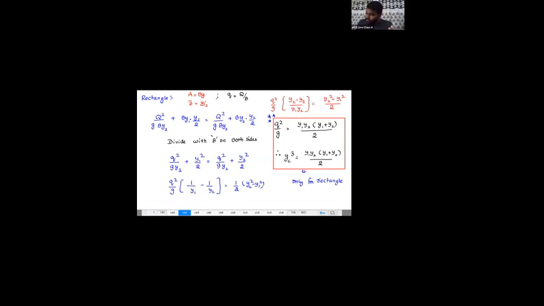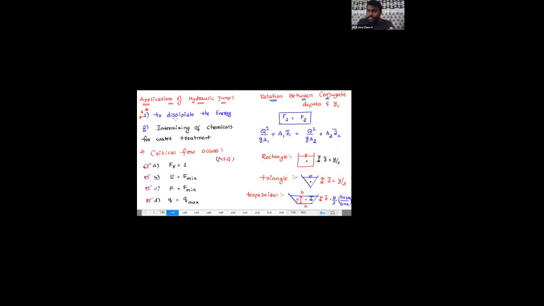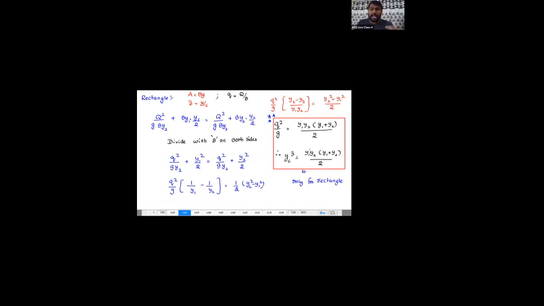What is my application? To dissipate the energy. I need to find the head loss, meaning energy loss. Once I know this, I can find the conjugate depth. If I know yc and one of the pre-jump depths, I can find the conjugate depth.